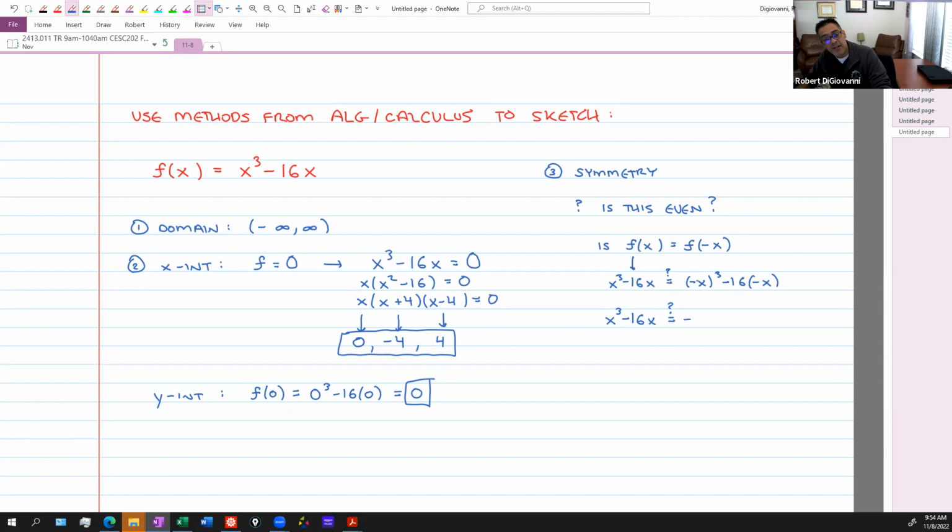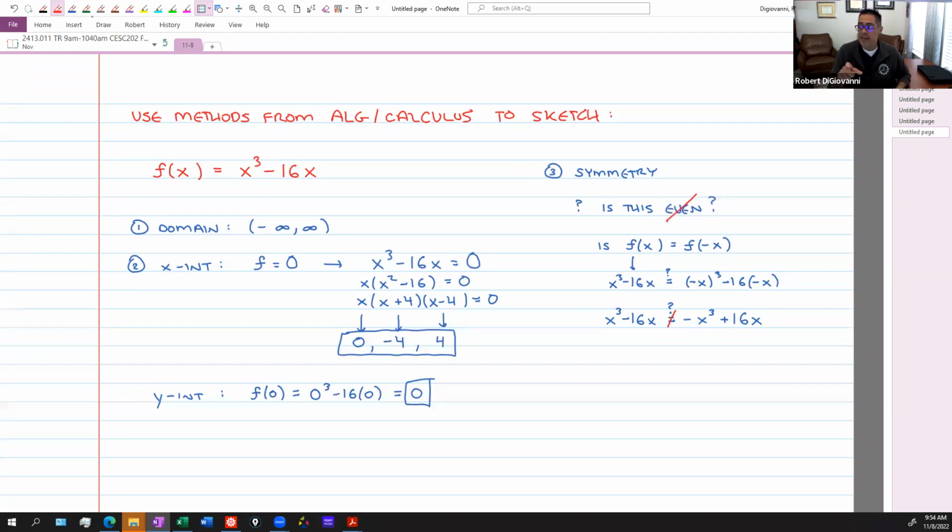It's still negative, isn't it? Right? It's still negative x cubed. Now, what about negative 16 times negative x? That would be plus 16x. Are these the same? No. So is it even? No.